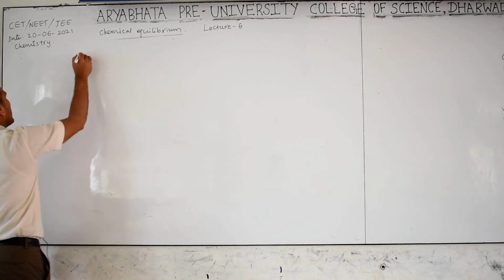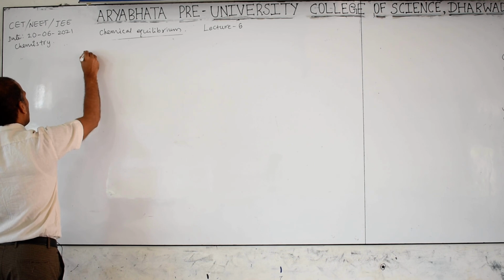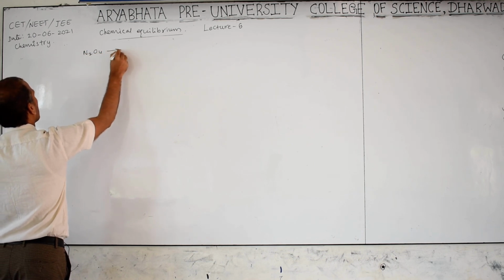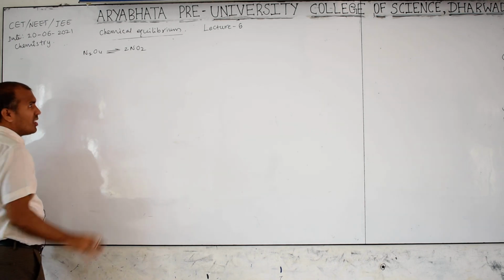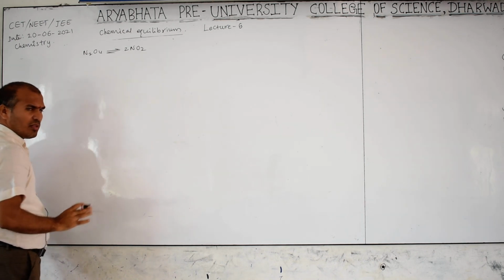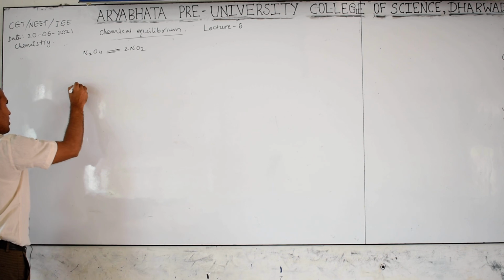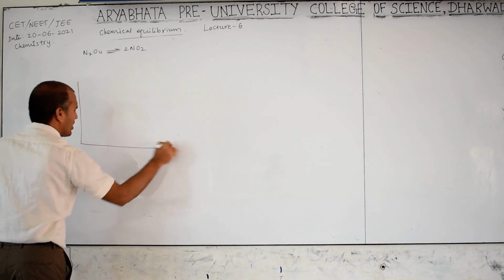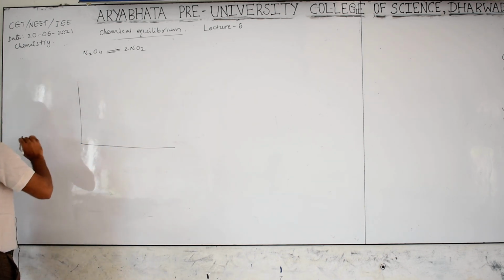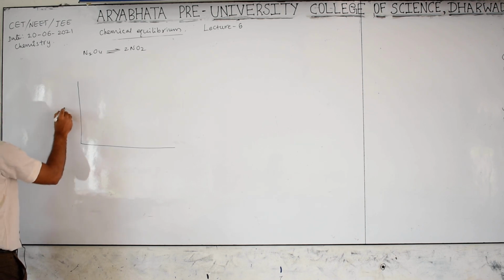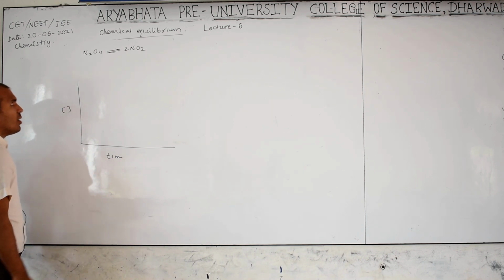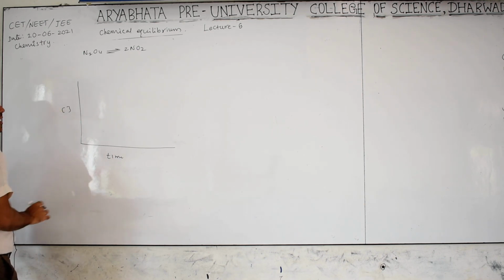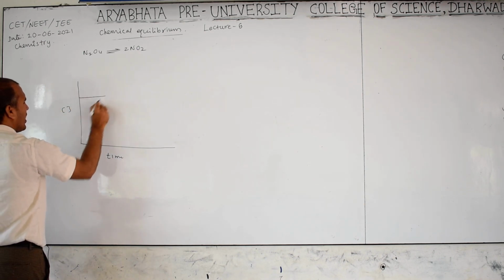Now consider here the N2O4 gives rise to 2NO2 reaction. This is already at equilibrium. Based on this graph also they may ask, that's the purpose I am writing the graph. So this is concentration and this is time. Now already these are at equilibrium.